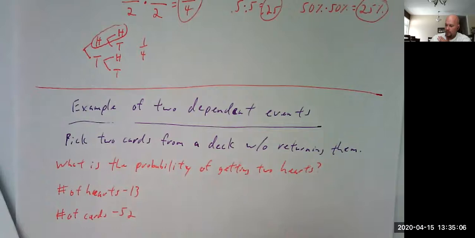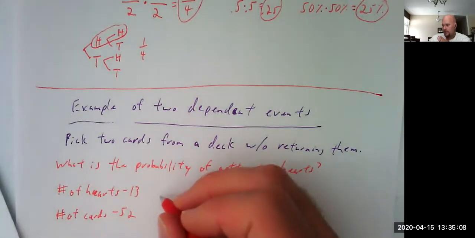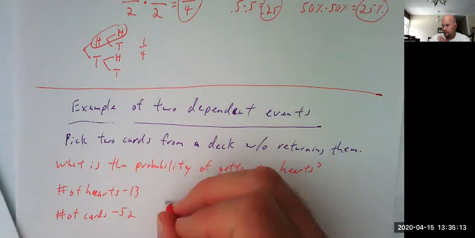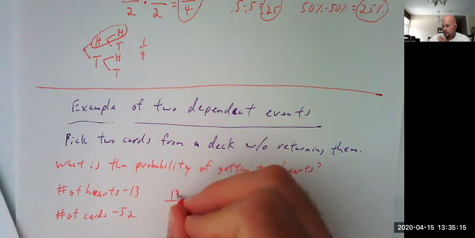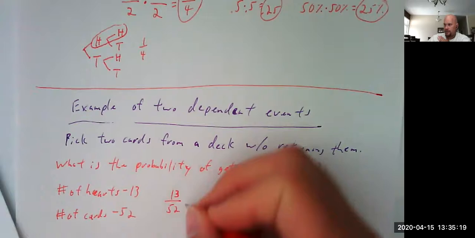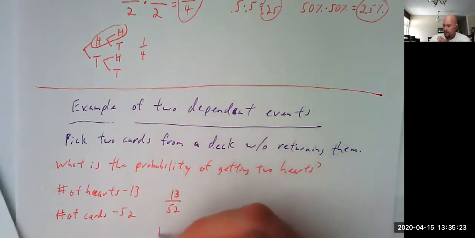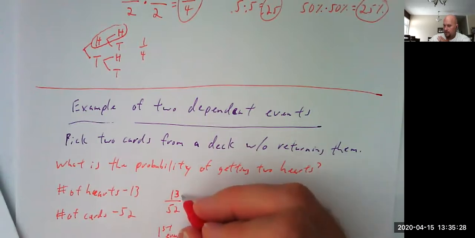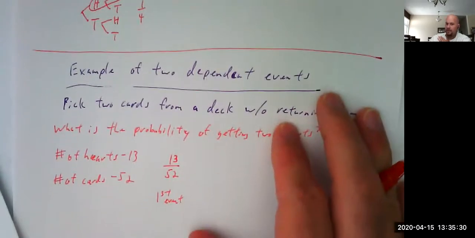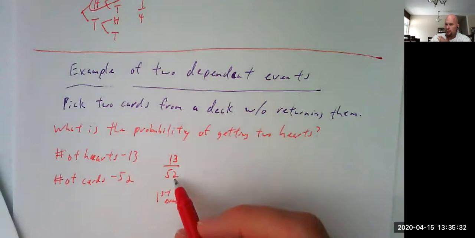Now, here we have our first thing is 13 out of 52. We have 13 cards to choose from. So this is the first event happening with 13 outcomes that we would want to happen out of 52 possible outcomes.